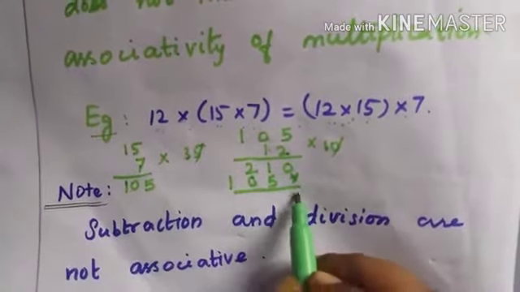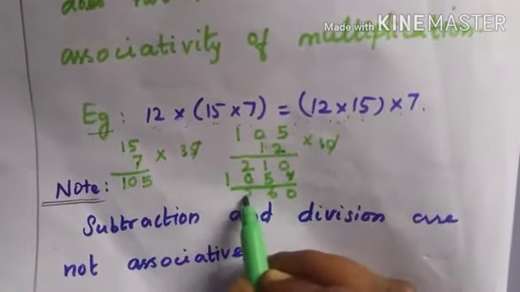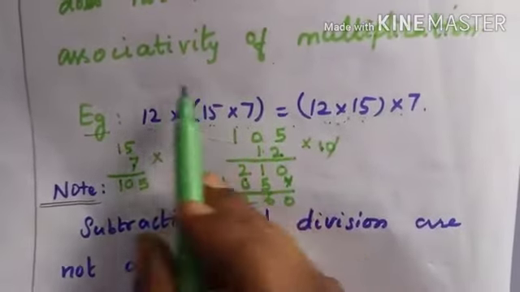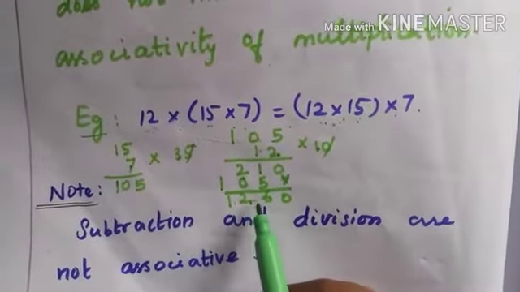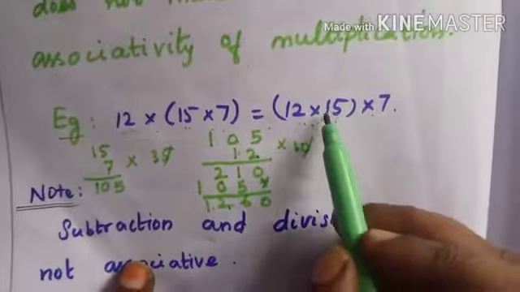Now we add: 0, 6, 2, 1. So the left hand side equals 1260.